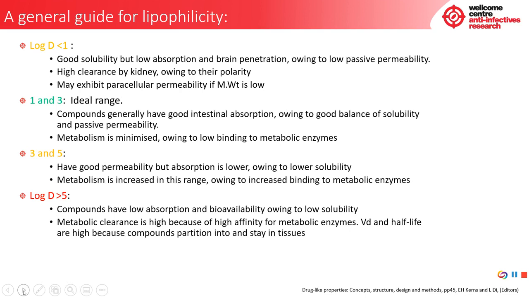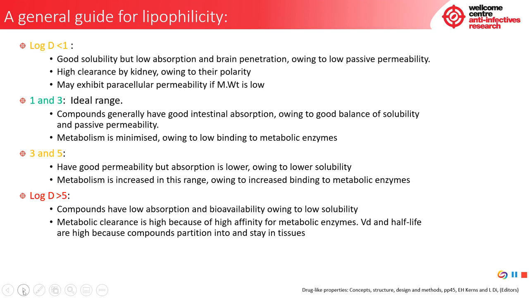The ideal range for log D 7.4 is between 1 and 3, and compounds in this range generally have good intestinal absorption owing to a good balance of solubility and passive permeability. Metabolism is minimized owing to low binding to metabolic enzymes.